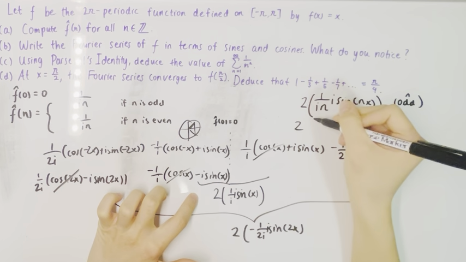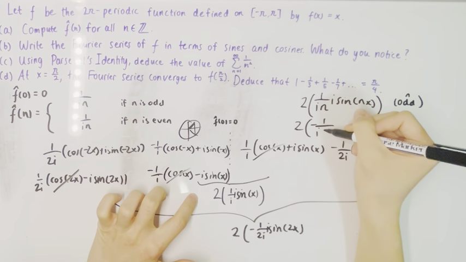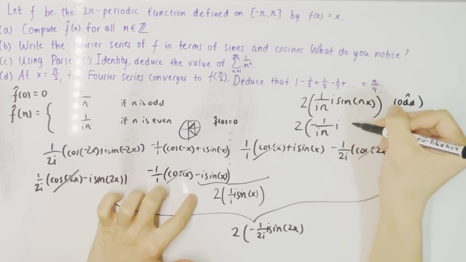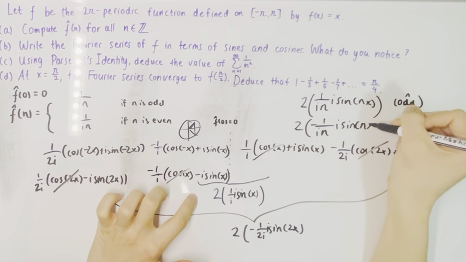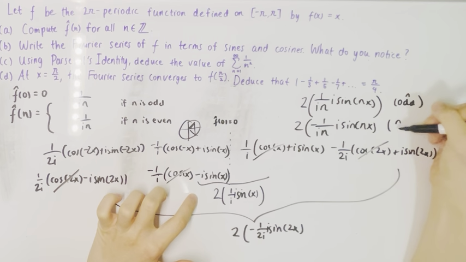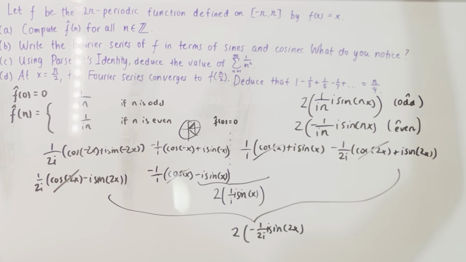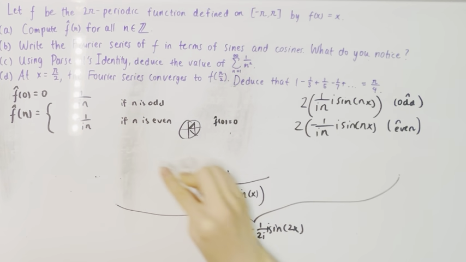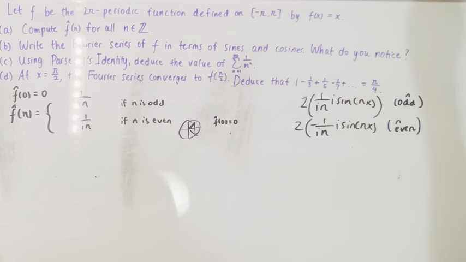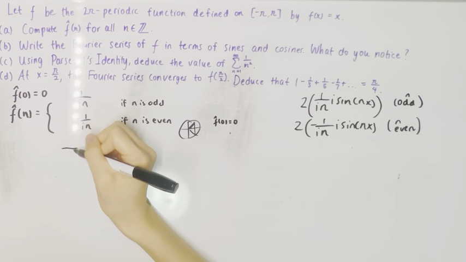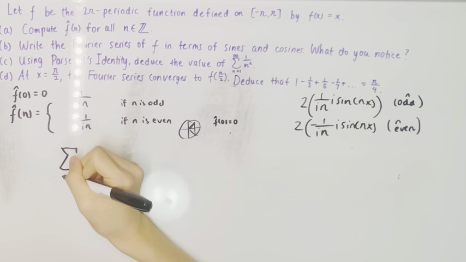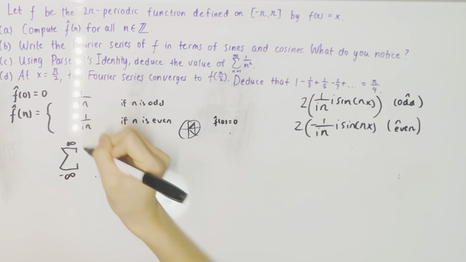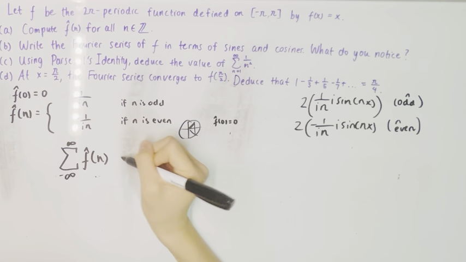And for even n, we're going to get 2 times 1 over negative in times i sine nx, when n is even. So basically all the cosines cancel, and we have this really nice expression for the Fourier series. This is the Fourier series formula.